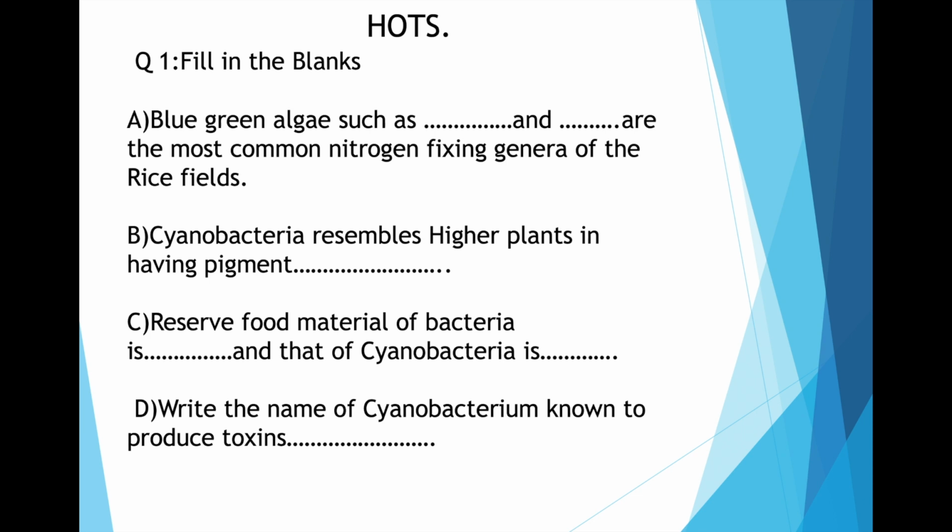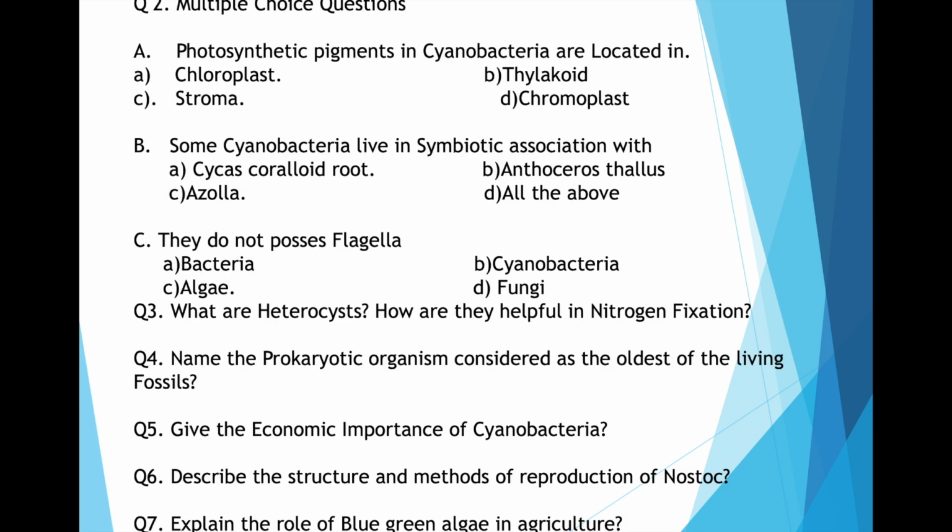So reserve food material in bacteria is glycogen and that of cyanobacteria is cyanophycean starch. I have told you in the previous slide. Next is write the name of a cyanobacterium known to produce toxins. So Oscillatoria, it secretes toxins.